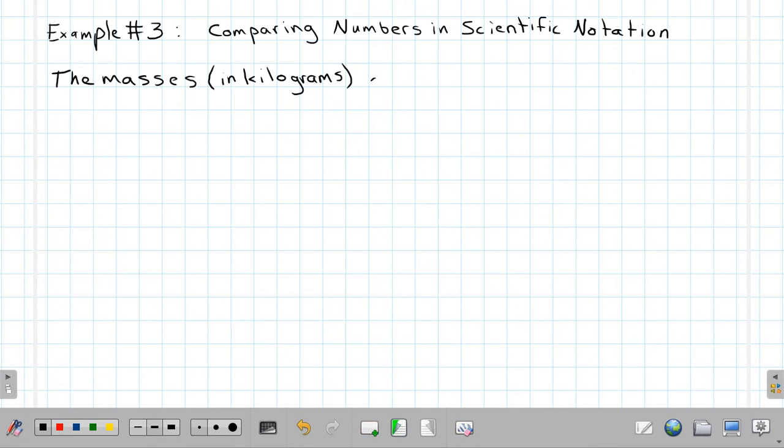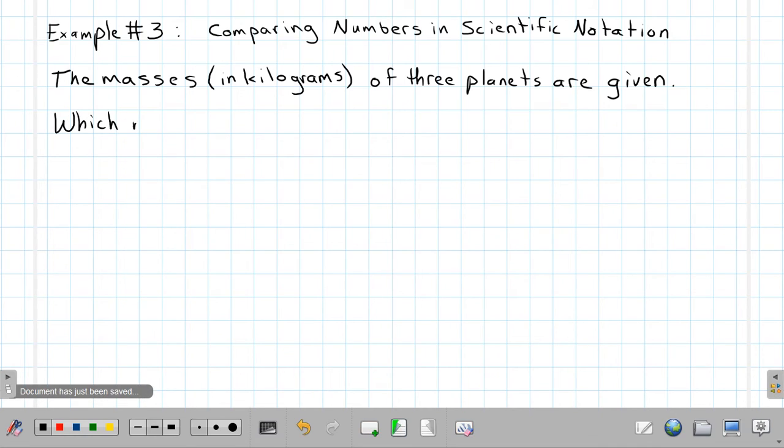So the masses of 3 planets are given. Okay, so you're going to be given 3 masses here of different planets, okay? And the question is, which mass is greatest? Okay, so in math, the word greatest means essentially which one's the biggest.